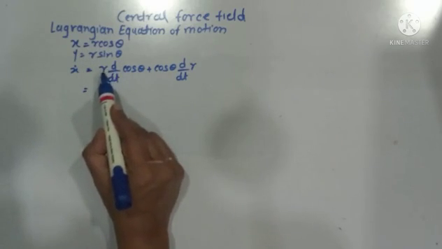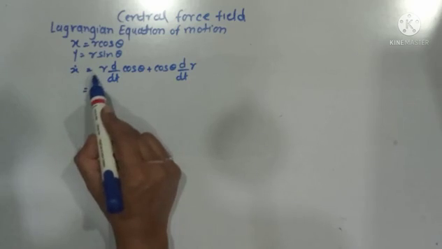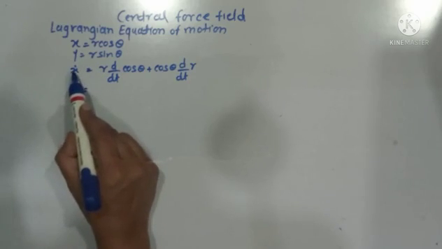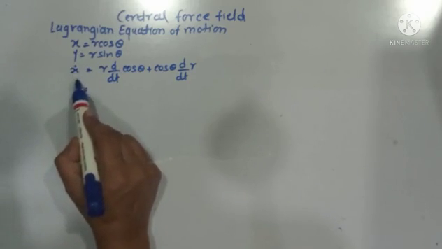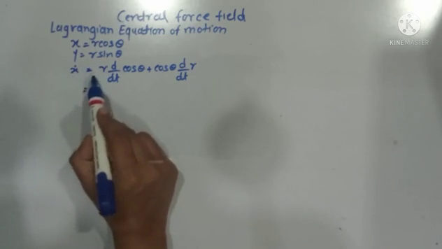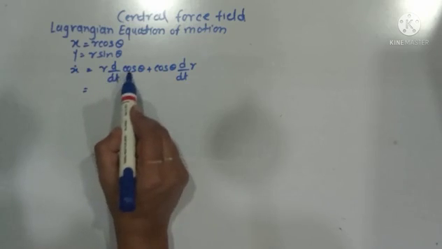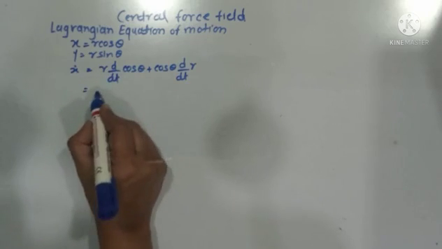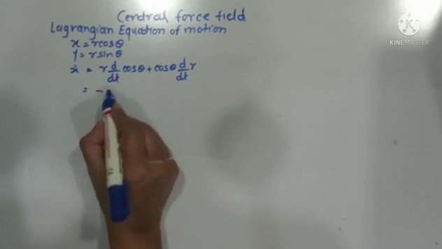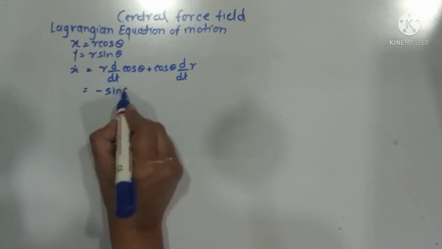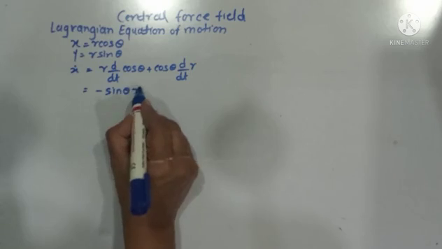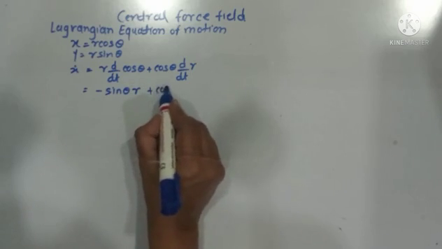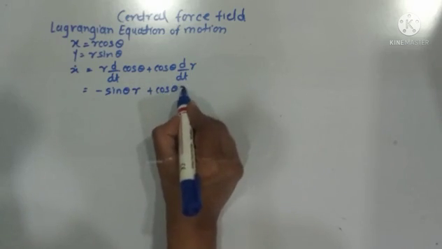That's why I have written x dot, which is obviously dx upon dt. So x dot is equal to r into d by dt of cos theta, which is minus sin theta, into theta dot, plus cos theta r dot.